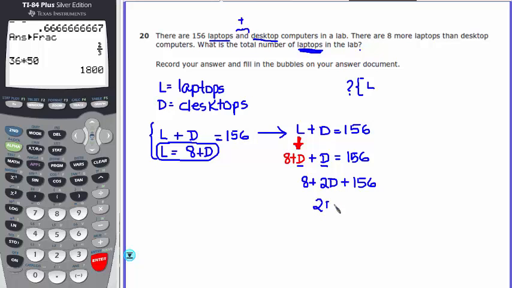So this would be 2D equals 156 minus 8. So it would be 2D equals 156 minus 8 will be 148. And if we divide both sides by 2, D is going to be equal to 74.